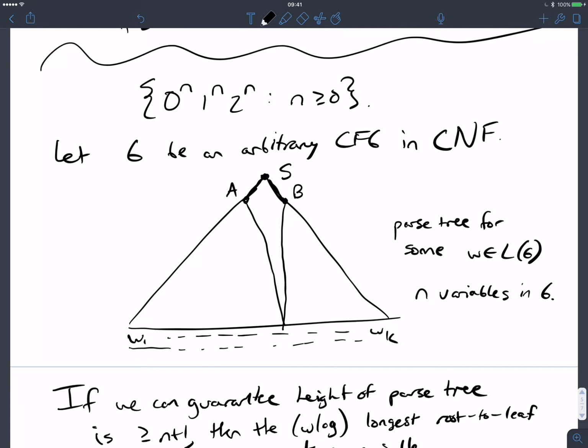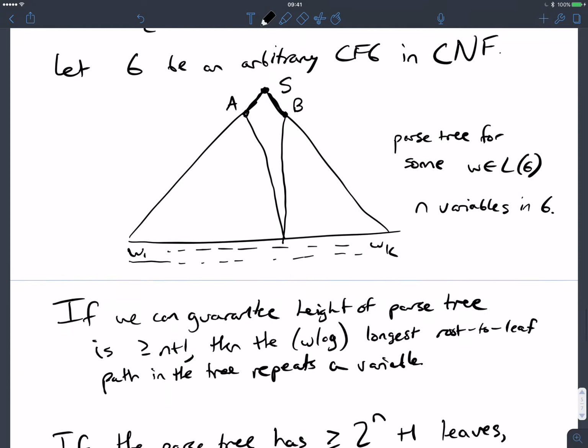Well, if I have it be n plus 1, then what is the worst possible number of leaves that I need at the very end in order to guarantee a height of n plus 1? Well, if the tree is completely full for n levels of the tree, then that means I have 2 to the n children at the bottom. But I just said, if I have 2 to the n plus 1, then I must have another level below that.